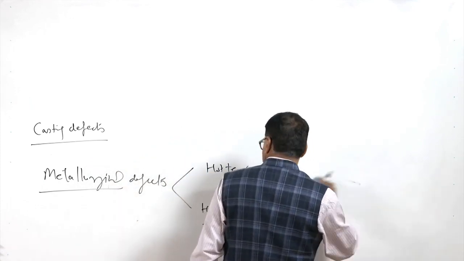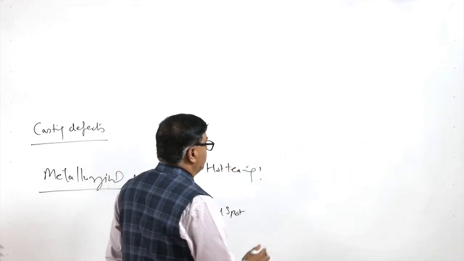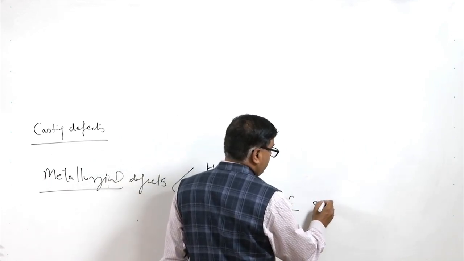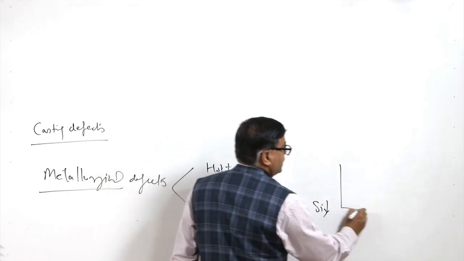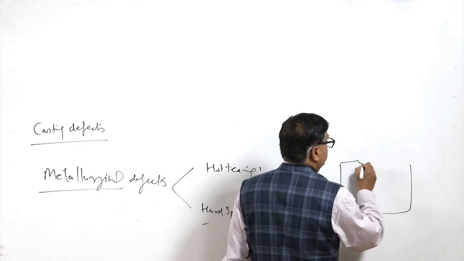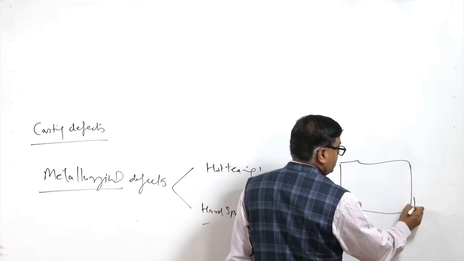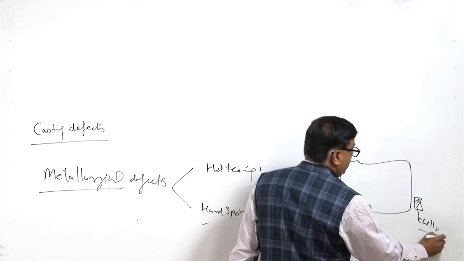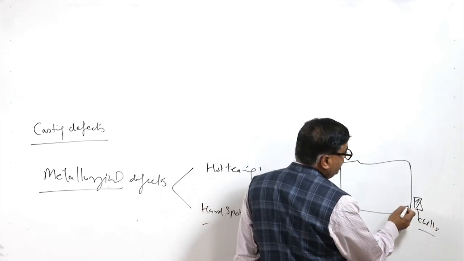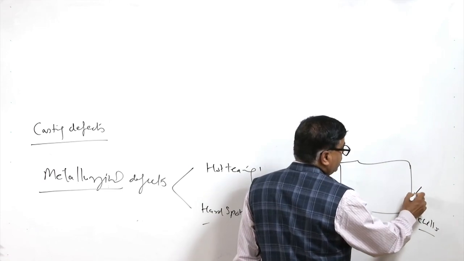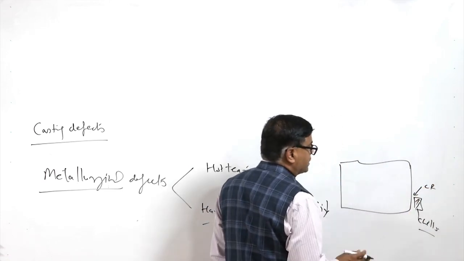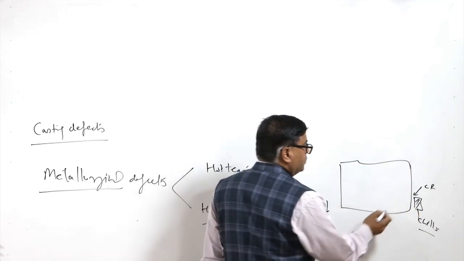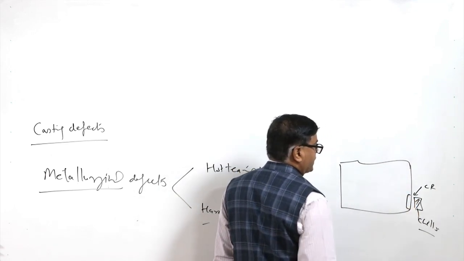For hard spots, we know that in case of cast iron, if the silicon content is low, then in cast iron castings where, in order to achieve directional solidification, some chills have been used, like this is a chill. Chills basically increase the cooling rates in a very localized manner. If the chill has been placed here in the mold, this region will be cooled very fast.